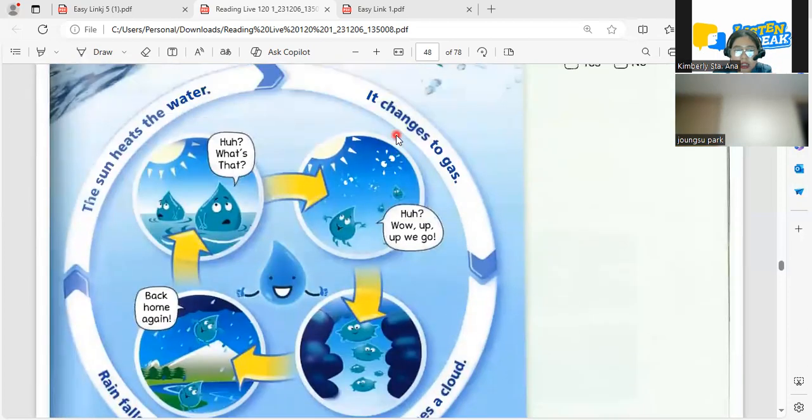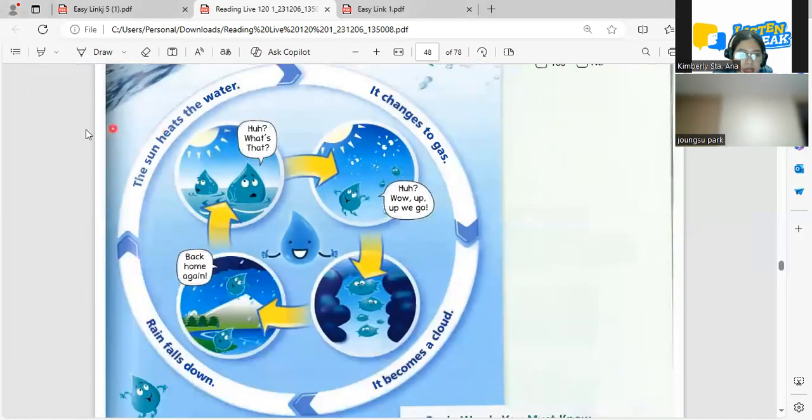So let's see. This is the water cycle. Look, what is the first part? Can you read this, Jimin? The sun heats the water. This one, look. It's very hot. The sun heats the water.